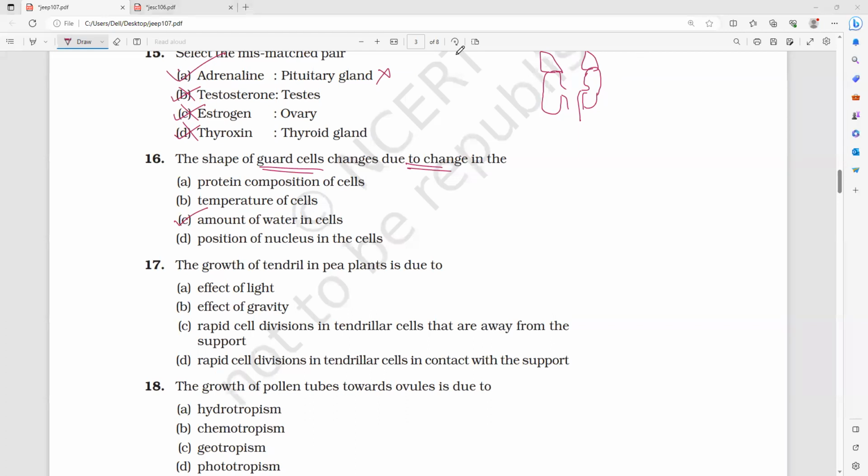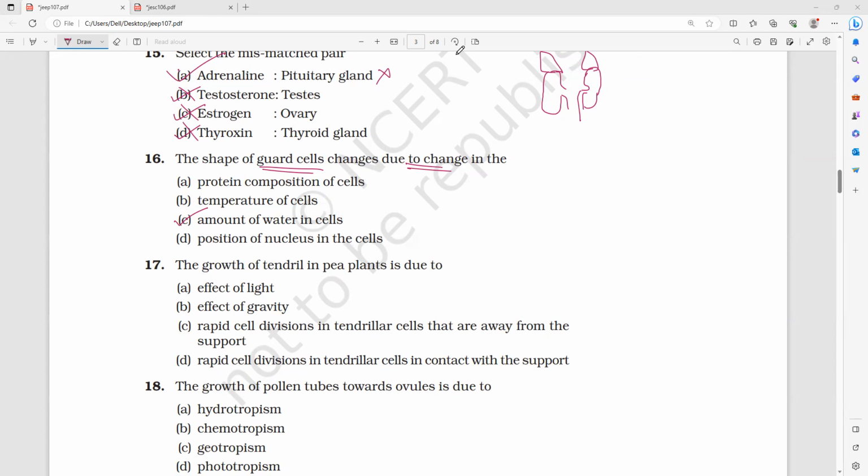I think this question is related to chapter number 1, biology, life processes. Please make sure you do it. Clear, everybody?